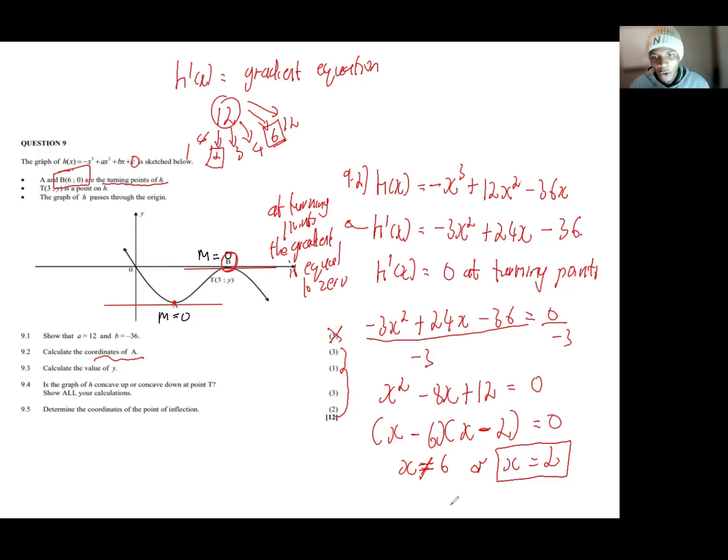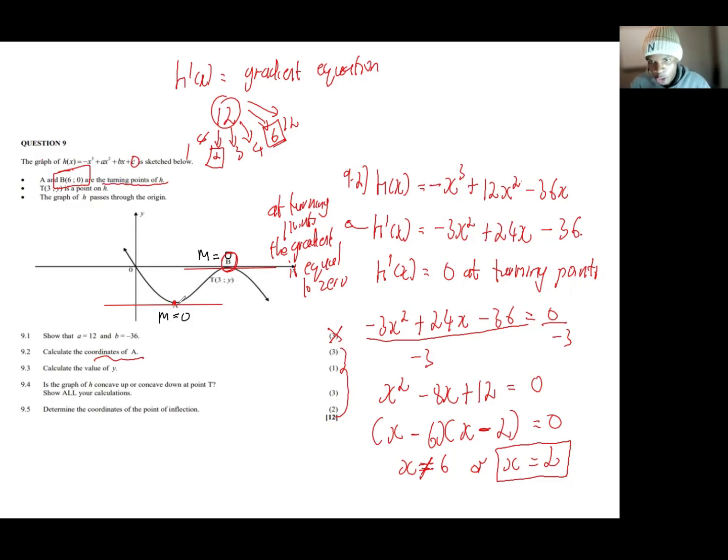So to calculate the y coordinate, what do we do? Note this. Every time you want to calculate the y coordinate, you have to go back to the original equation. Do not make the mistake of substituting back into the derivative. If you do, you're just going to get 0, and it doesn't make sense that the y coordinate of A would be 0.